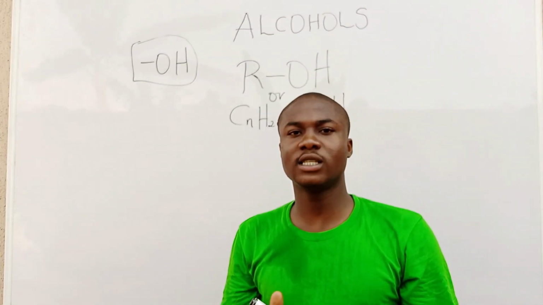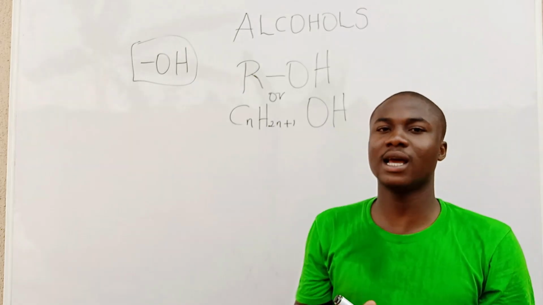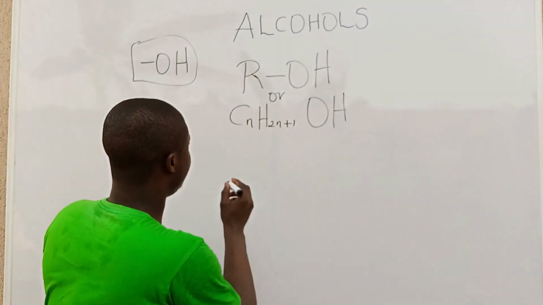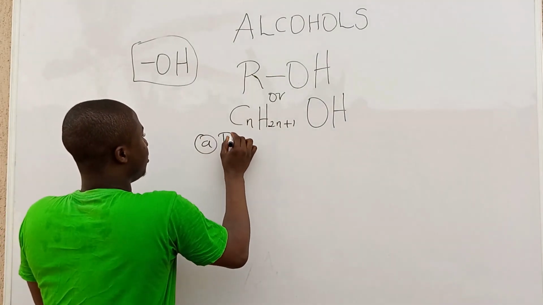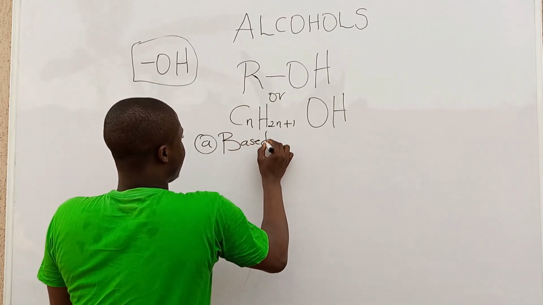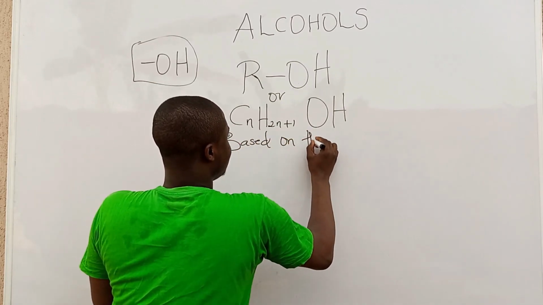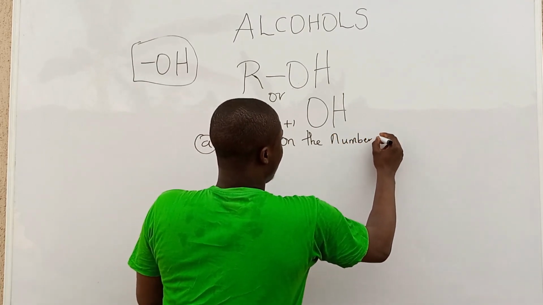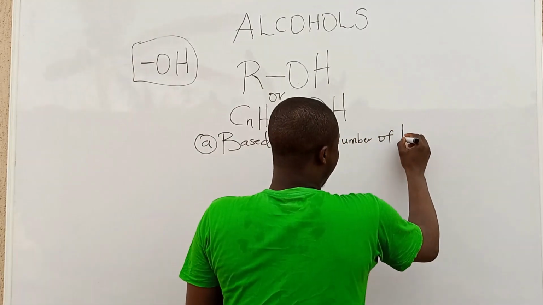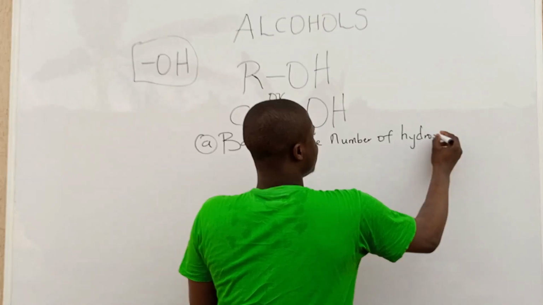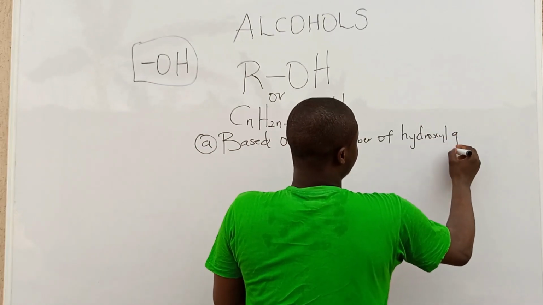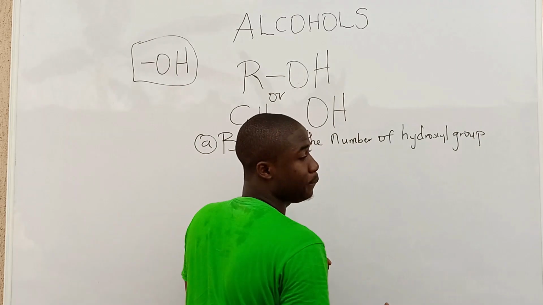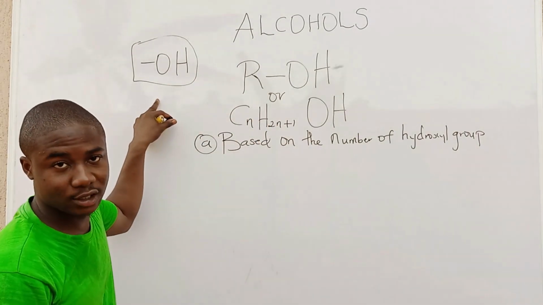Now, the first mechanism by which alcohols are classified is based on the number of hydroxyl groups, because this is the hydroxyl group.